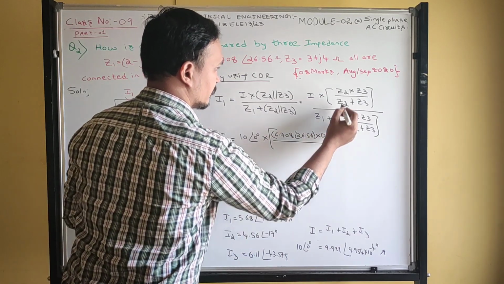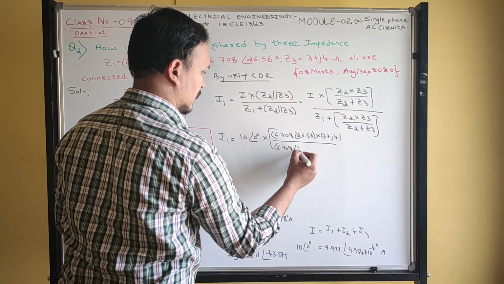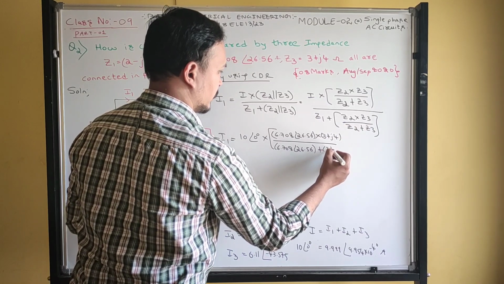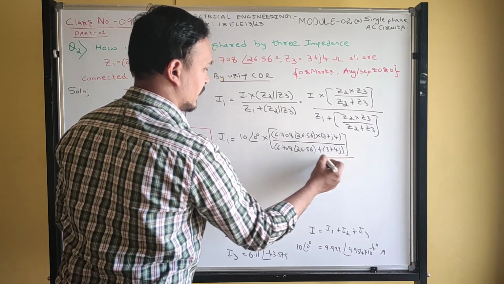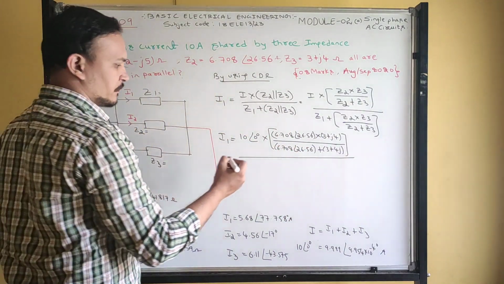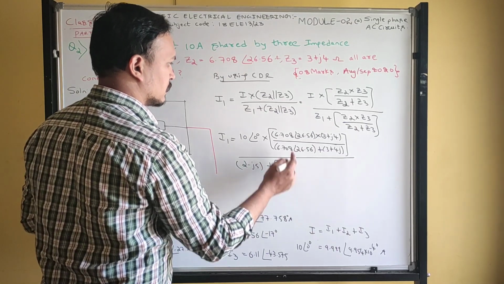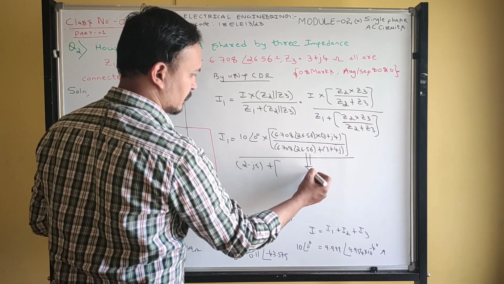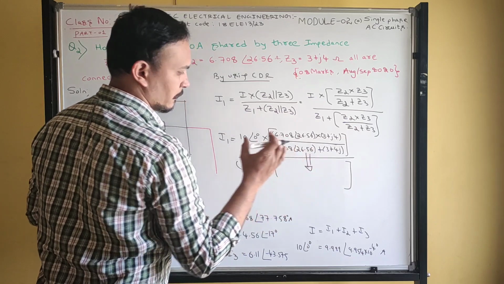All divided by Z2 plus Z3, so 6.708 at an angle of 26.56 plus 3 plus 4j, divided by Z1. What is Z1? 2 minus j5, plus Z2 parallel Z3. Whatever you wrote here, write the same thing here also.